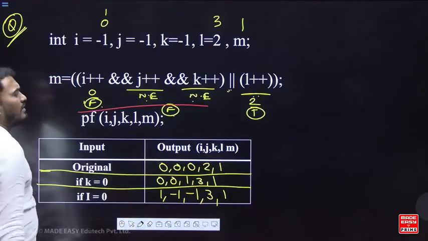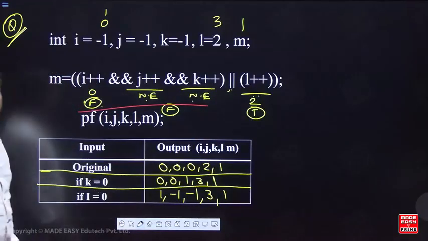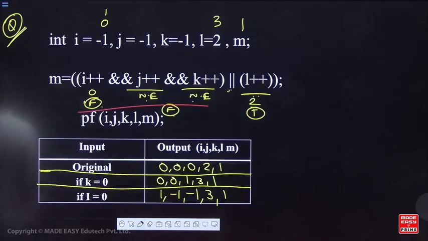Yes, sir. Simple concept, why are you confusing? In the OR operator, if there is a true or false, we take true. That is the behavior of the OR operation.